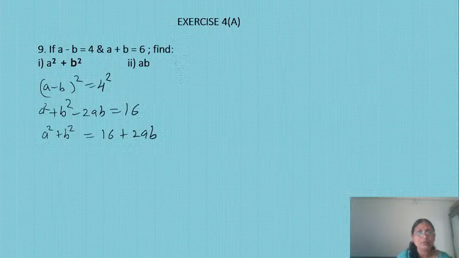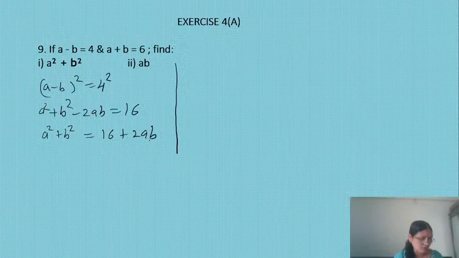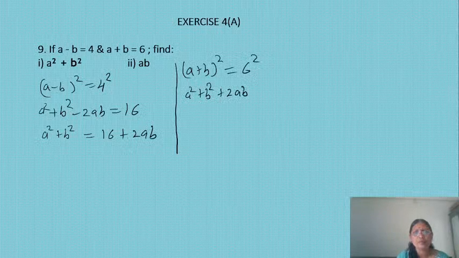Now we will start with a plus b the whole square, which is given over here. We have not got the exact value of a square plus b square. So we get a plus b the whole square is equal to 6 square, which is a square plus b square plus 2ab. 6 square is 36.